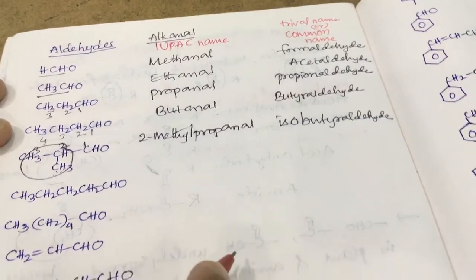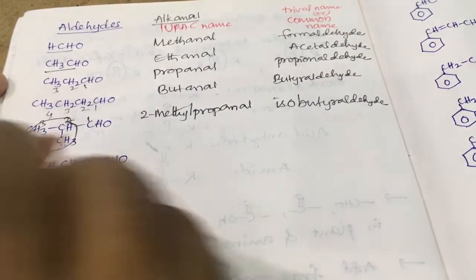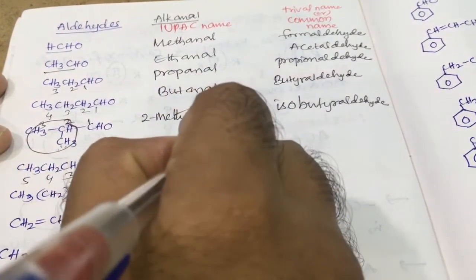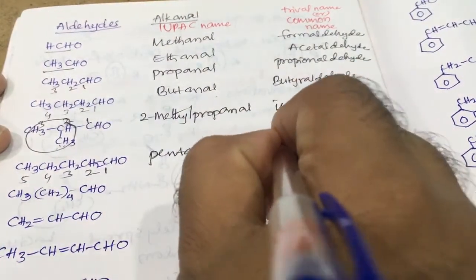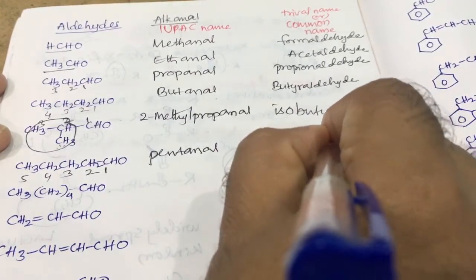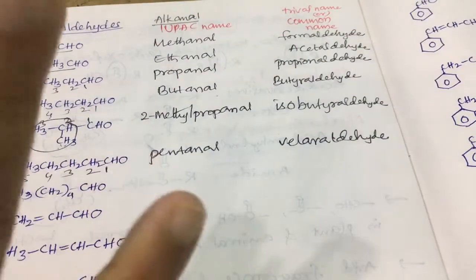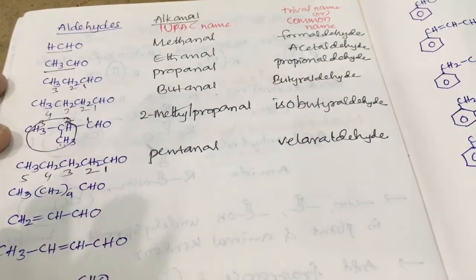Next, 1, 2, 3, 4, 5 carbon, then it is called pentane. E removed, add al suffix, pentanal. This is called valeraldehyde. When valeric acid, 5 carbons are there, this is called valeric acid, a carboxylic acid. When aldehyde, it is valeraldehyde.